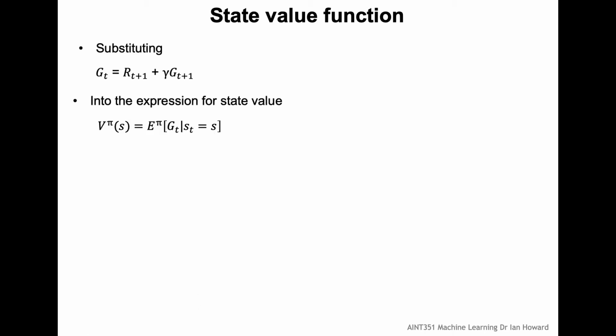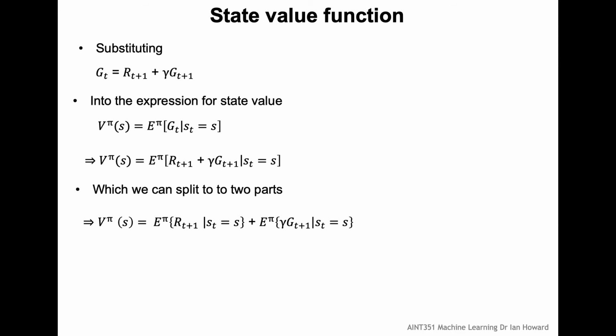So we can substitute that into our expression for the value at state S, and we can then split this up into two terms. First, we have the immediate future reward expectation, and here we have the discounted future reward from that point onwards.